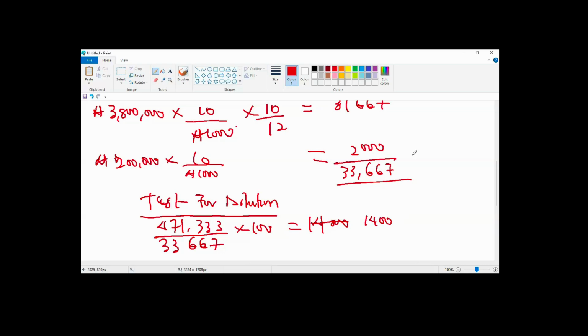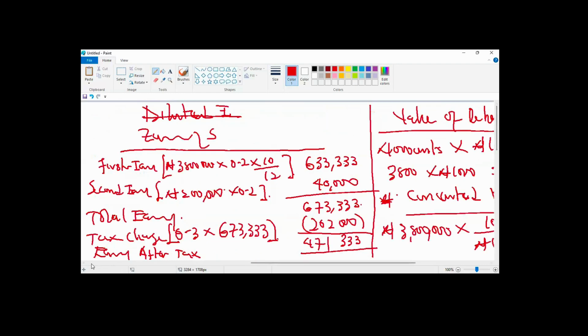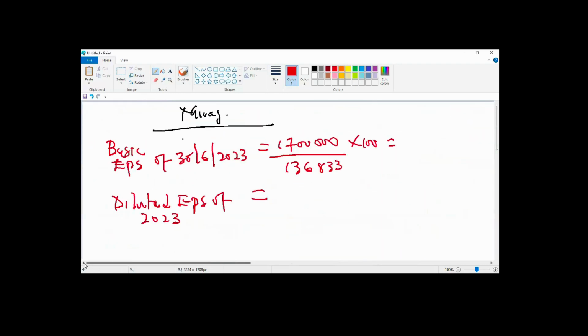For the basic, what do we get in the basic? What is the basic? 1.242.